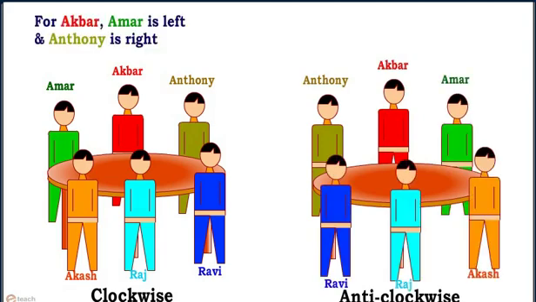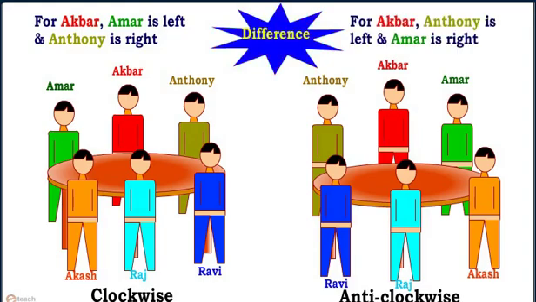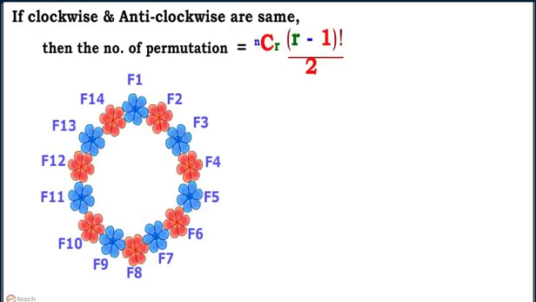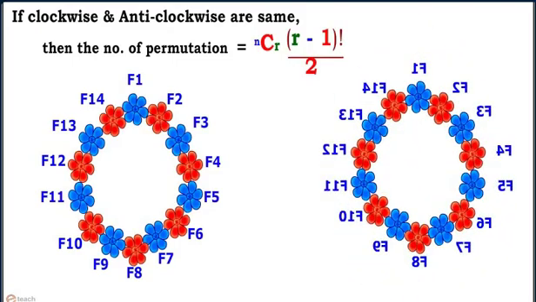You will note the difference between both the seating arrangements is that on the left side, for Akbar, Amar is on the left and Anthony is on his right. Whereas in the right picture, for Akbar, Anthony is on his left and Amar is to his right. So, if clockwise and anti-clockwise circular permutations are considered to be the same, then the number of permutations is equal to nCr into (r minus 1) factorial divided by 2.